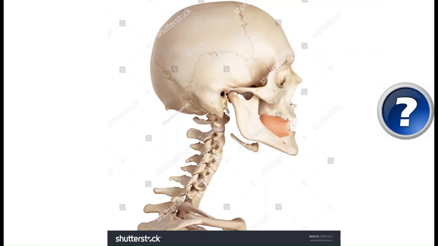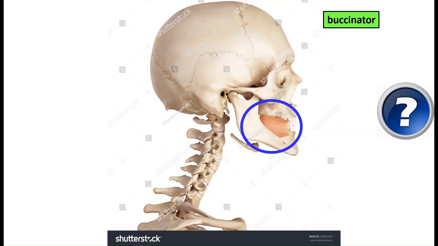This is a lateral view of the head and neck, and it is showing a muscle part of the cheek. This muscle is the buccinator. The buccinator is a member of the muscles of facial expression, and it plays a role in the normal physiology of the mouth. One of the functions is mastication.